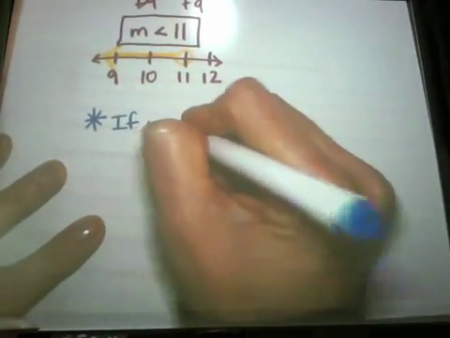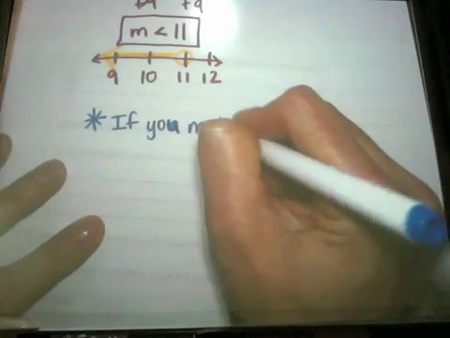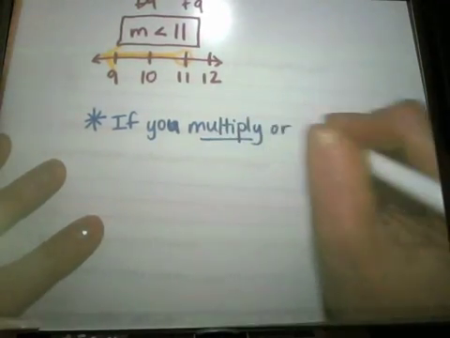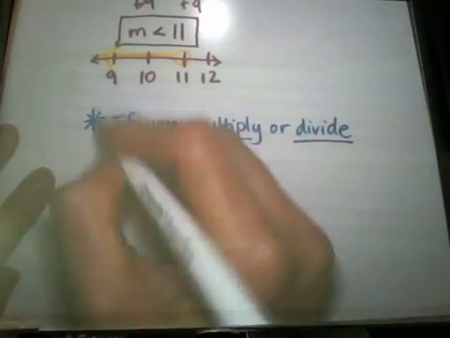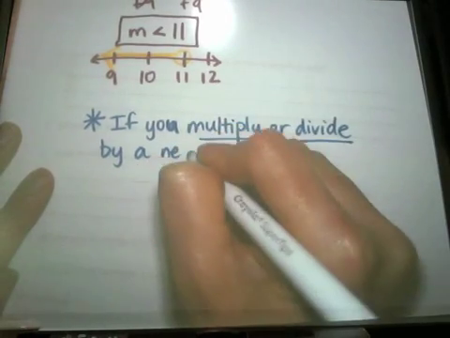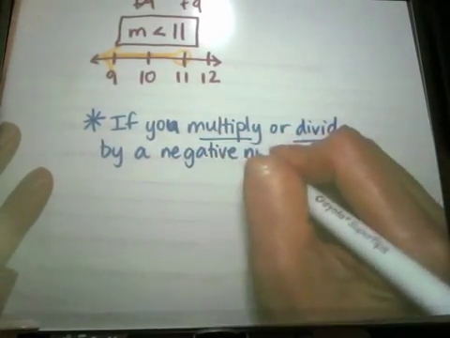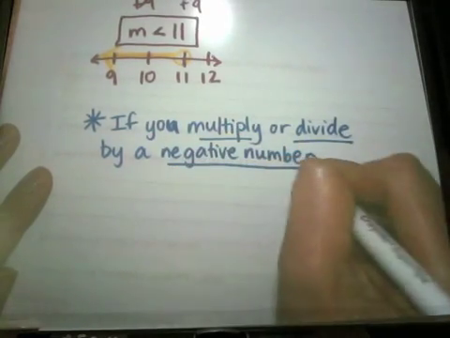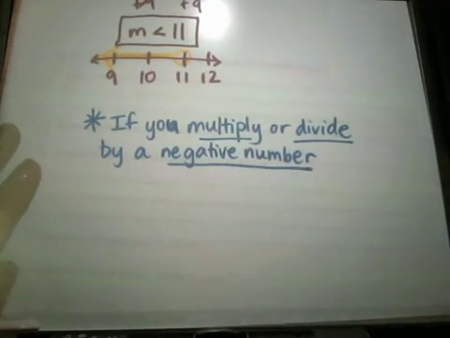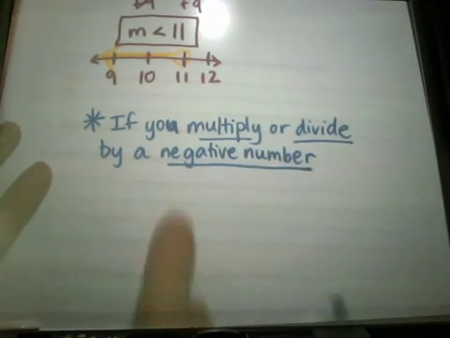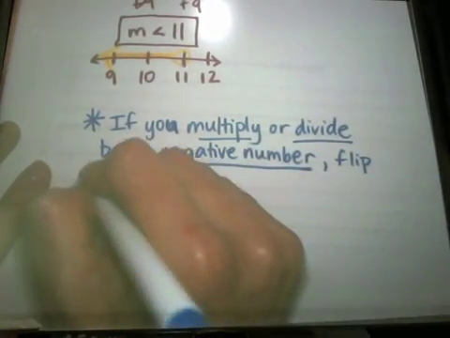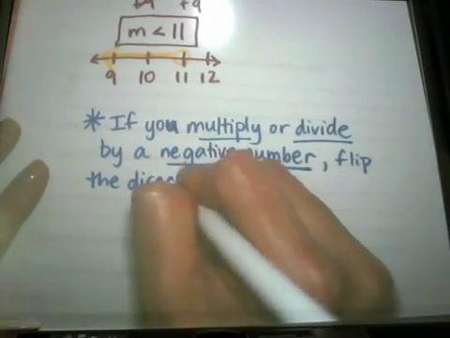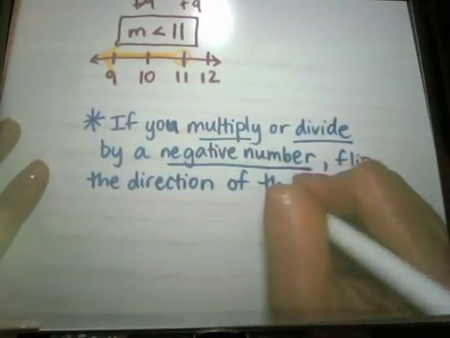If you multiply or divide, only multiplying or dividing, if you multiply or divide by a negative number, now this means you are multiplying or dividing, not just that there's a negative number in the problem, but that as you are solving it, you are either multiplying or dividing by a negative number. Flip the direction of the inequality sign.